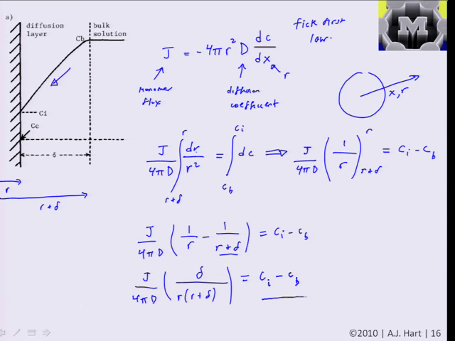And it makes sense here that if Ci is less than Cb, this term is negative, and so in our coordinate system the flux is negative, or the flux is toward the surface of the particle.